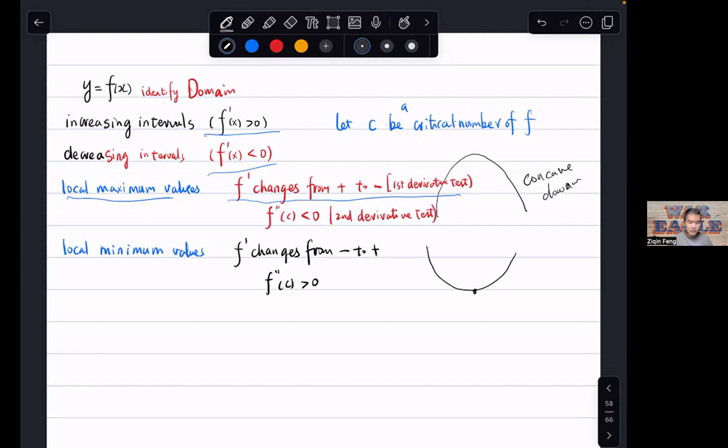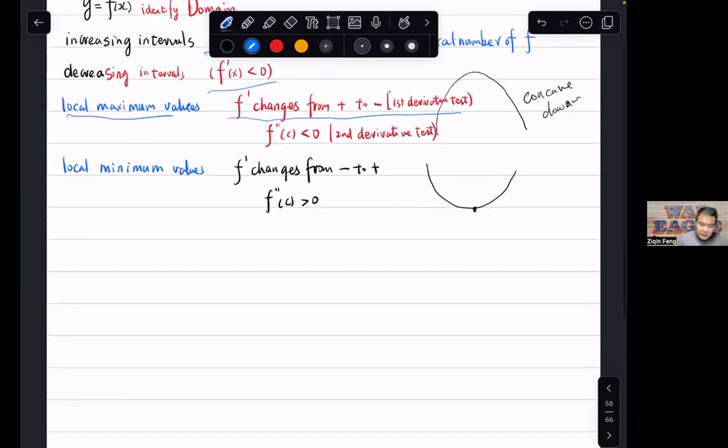So now let's see. Okay, we haven't done yet. For the intervals of concave upward, all you want to do is look at the inequality f double prime of x being positive.